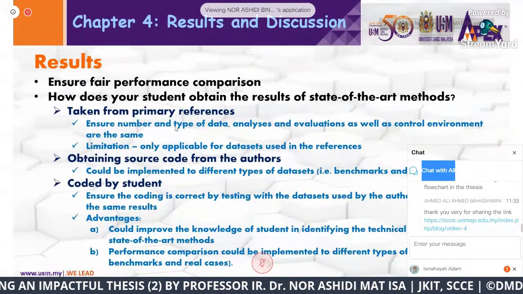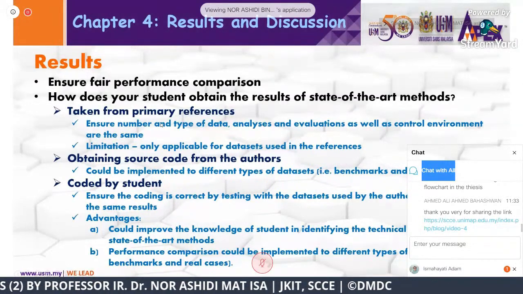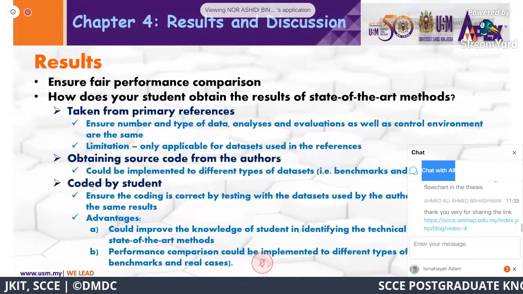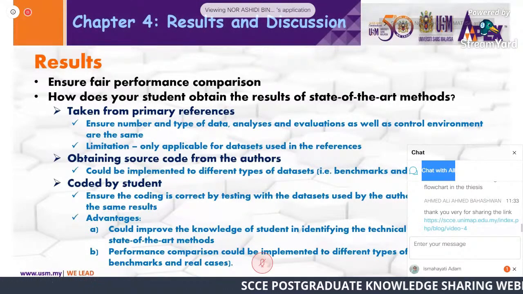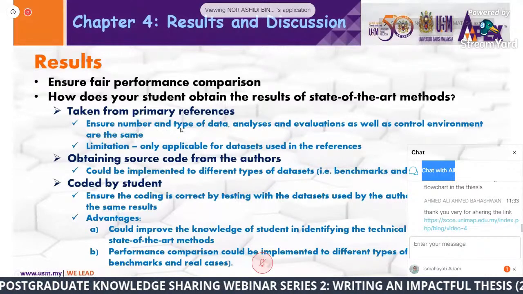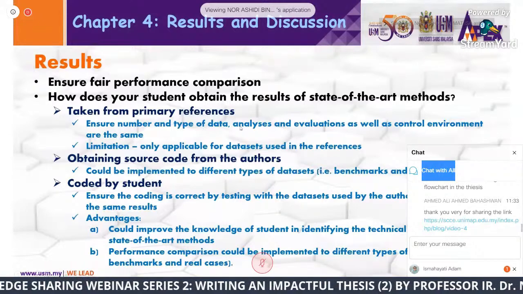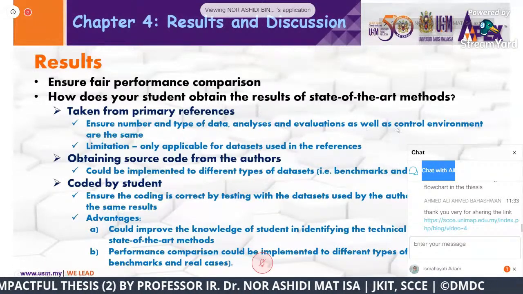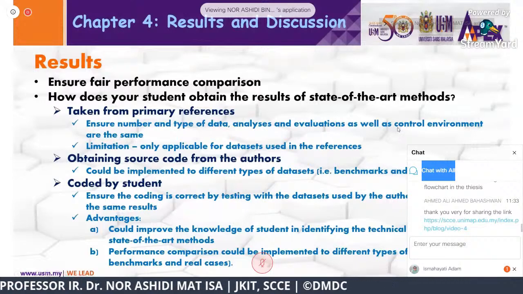So make sure that you get the details of the performance analysis done by the authors. You must use the same number of data, the same type of data, the same analysis, the same evaluation, and the same control environment.